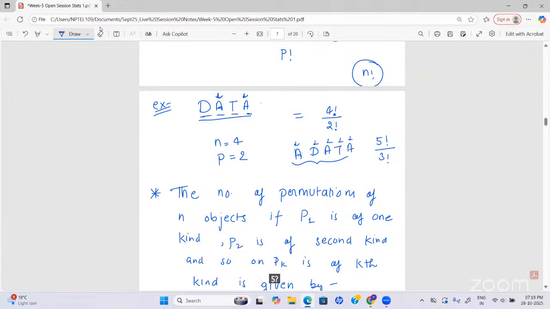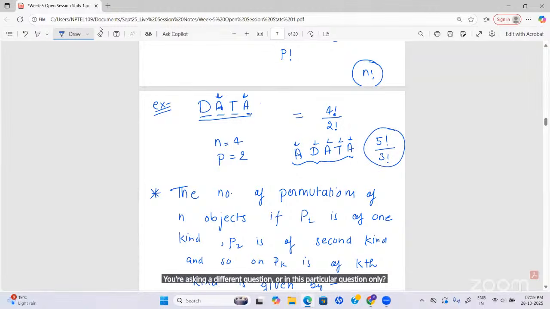Ma'am, my query is, in the last case, if we are repeating A 2 times, then the answer is coming 3 raised to power 4. Am I right? You're asking a different question, or about this particular question only?